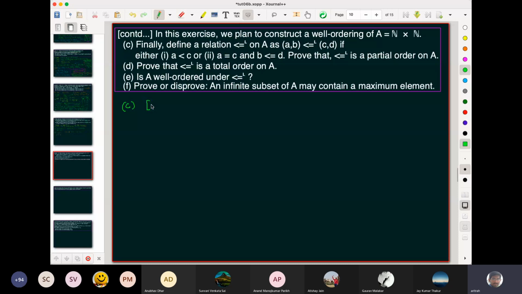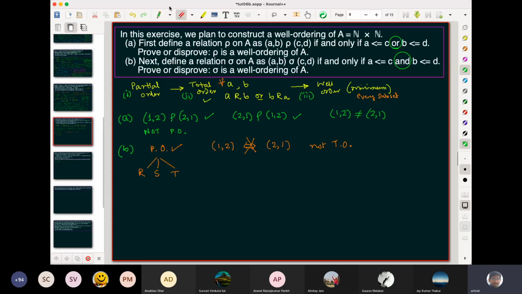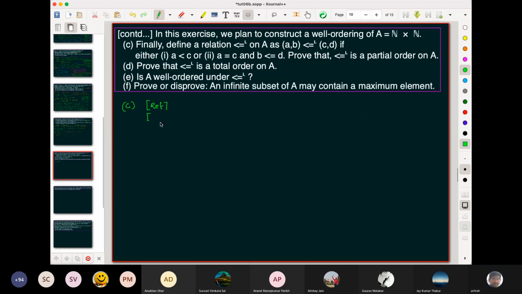Okay, you can do it, right? Antisymmetric, sorry. Antisymmetric. The previous slide also is antisymmetric. Everybody okay with this?